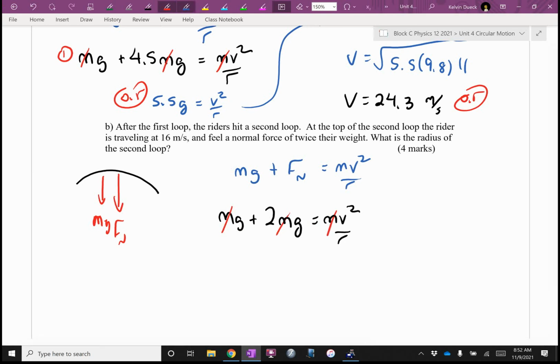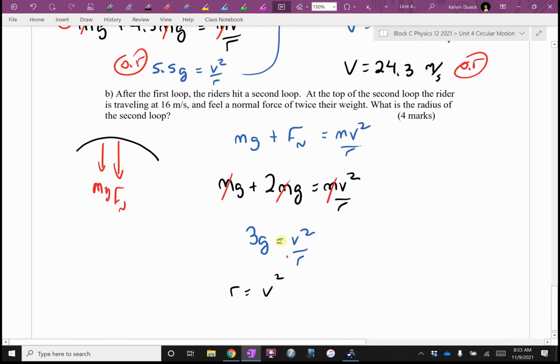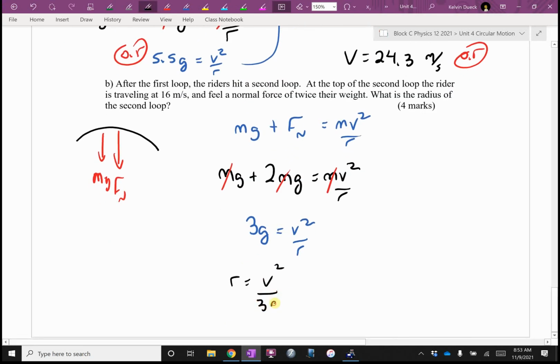I'm going to gather like terms again. I'm going to get 3g's equals v squared over r. And the reason I'm going to do that is it's much easier for me to get the r by itself. Stuff's going to move diagonally again. I'm going to get r equals v squared over 3g.